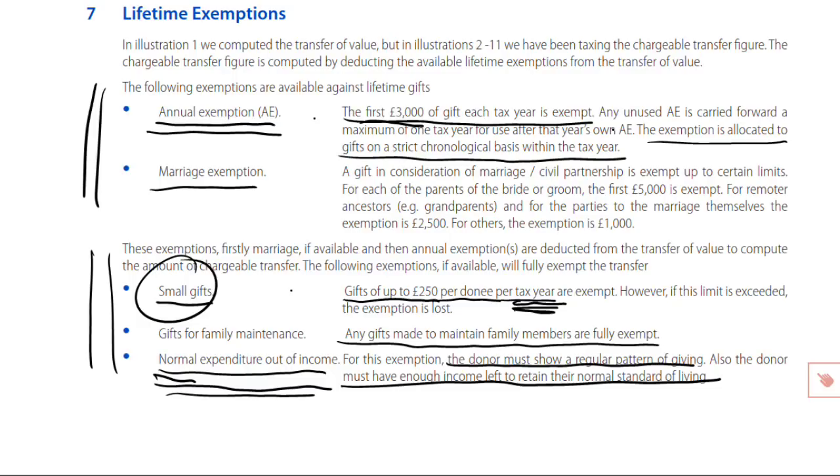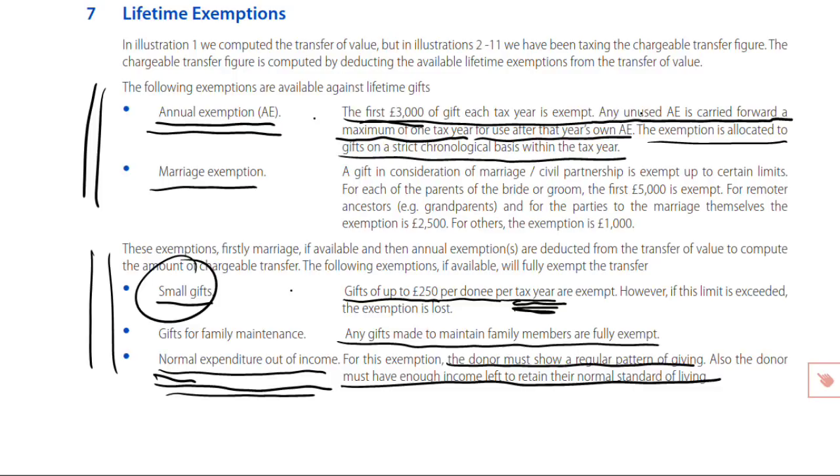But here, to a limited extent, if we do not make a transfer, or if transfers are less than £3,000 for a tax year, then, back to our note now, any unused annual exemption is carried forward, but a maximum of 1 tax year. And it is then for use after that year's own annual exemption.